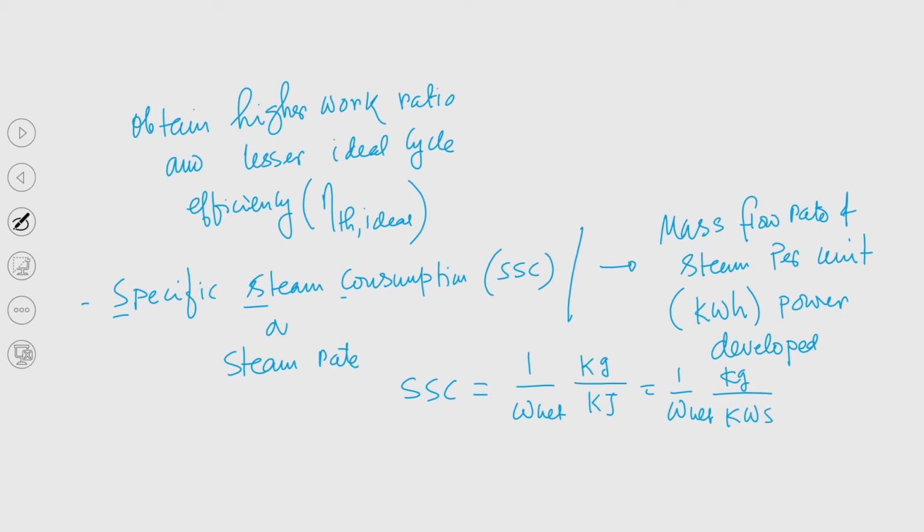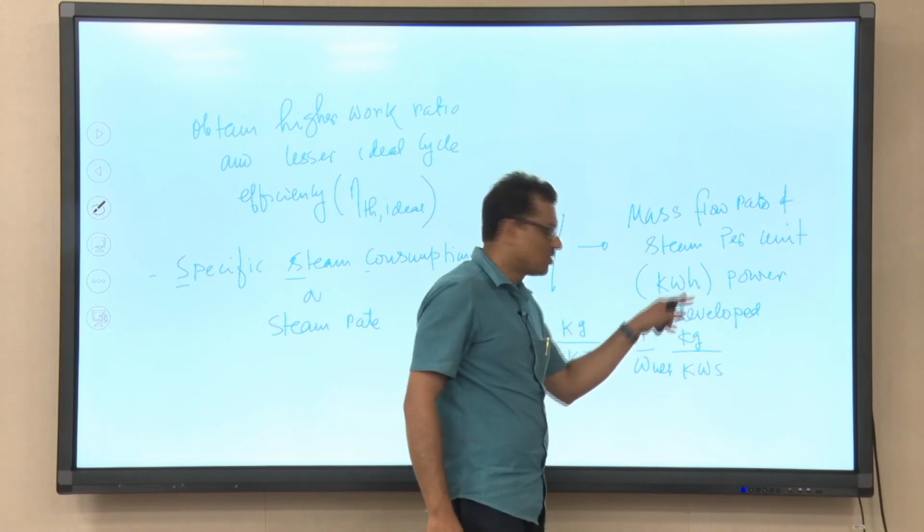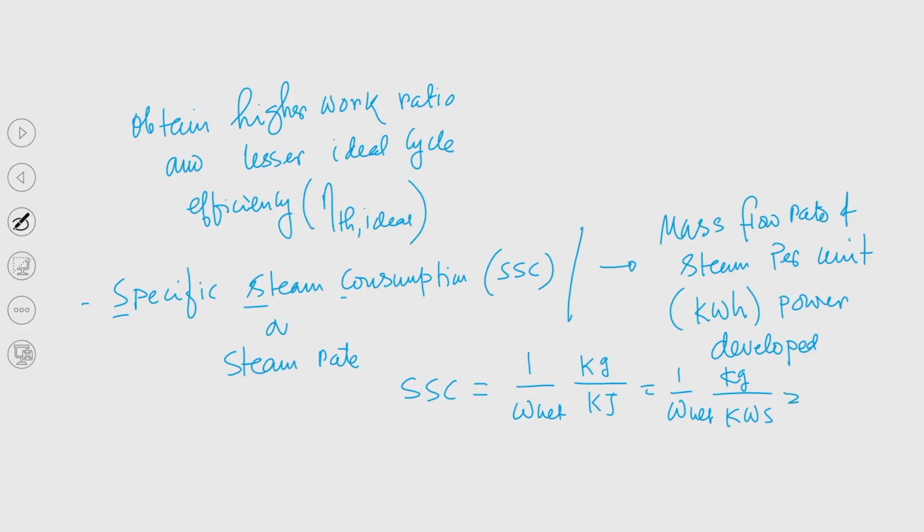But we have to define per unit power which is kilowatt hour, not kilowatt second. So, that is nothing but 3600 kg divided by W net kilowatt hour, right. So, we arrive here, that is 3600 by W net kg per kilowatt hour.